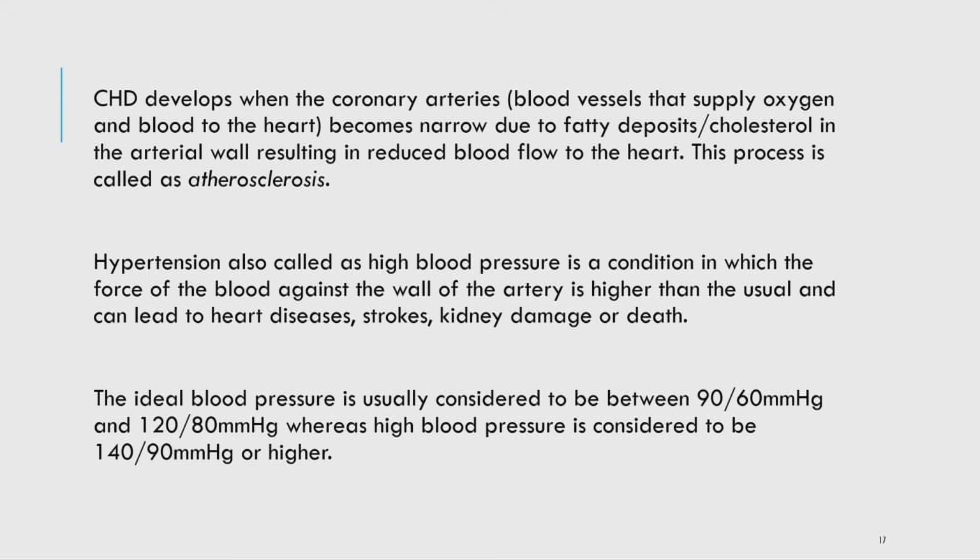Hypertension, on the other hand, is basically high blood pressure. It is a condition in which the force of the blood against the wall of the artery becomes higher than the normal situation, and it can lead to heart diseases, strokes, kidney diseases, etc., sometimes death also.